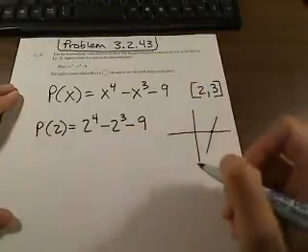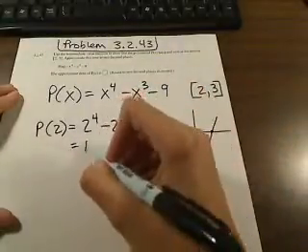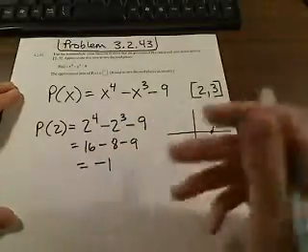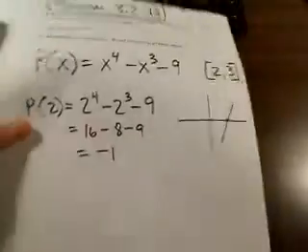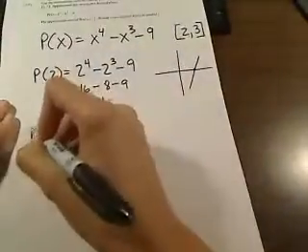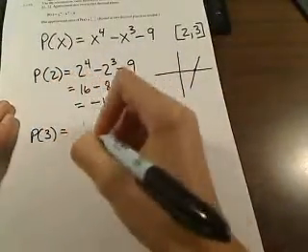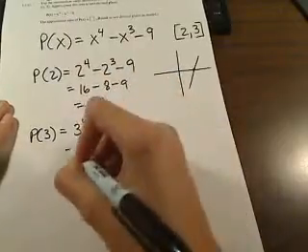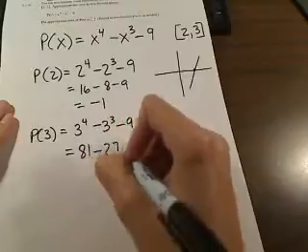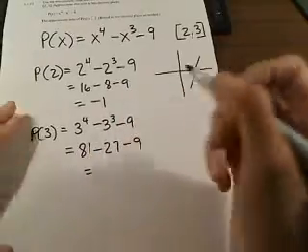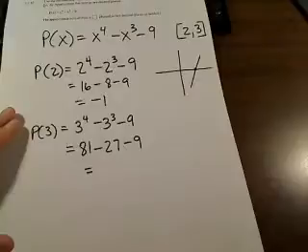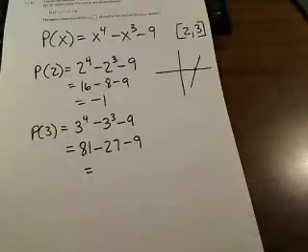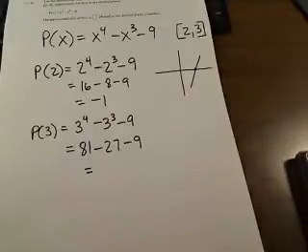So if I plug in 2, I'm looking at this. 2 to the fourth is 16 minus 8 minus 9. So this ends up being a negative 1. And then if I evaluate p at 3, then I'm looking at 81 minus 27 minus 9, which, it actually doesn't even really matter what it is, as long as it's positive, and it is positive, but I'll go ahead and get a number for it.